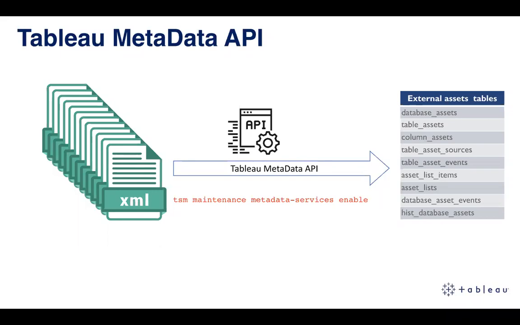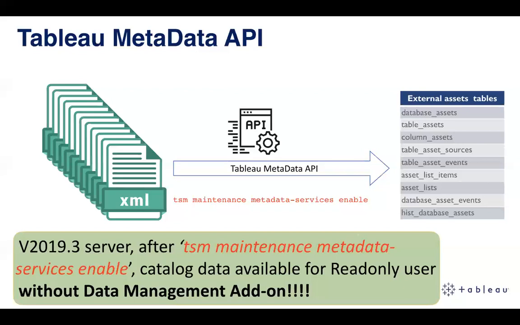The Metadata API grabs from all the workbook XMLs and data source XMLs, and puts the metadata into some tables. Tableau calls them external asset tables, or you can also say catalog tables. That's what the Metadata API does from 19.3.